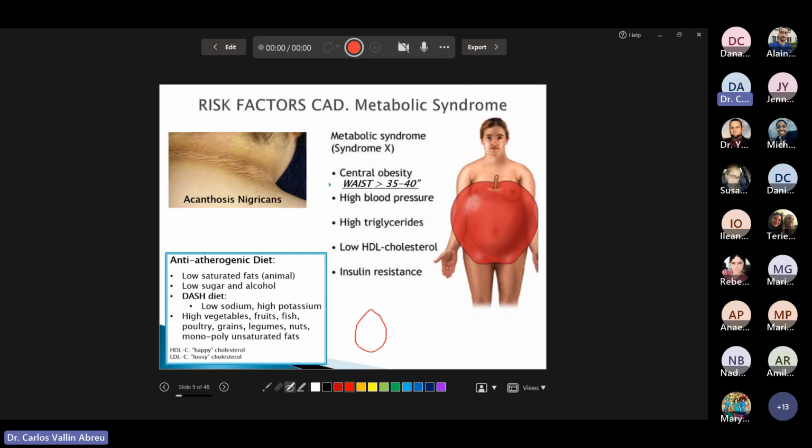The arteries are a pipe that has a circular muscle, but also has a layer in the interior called the endothelium, and this layer, the endothelium, can be susceptible to a phenomenon where cholesterol can accumulate under this endothelium.